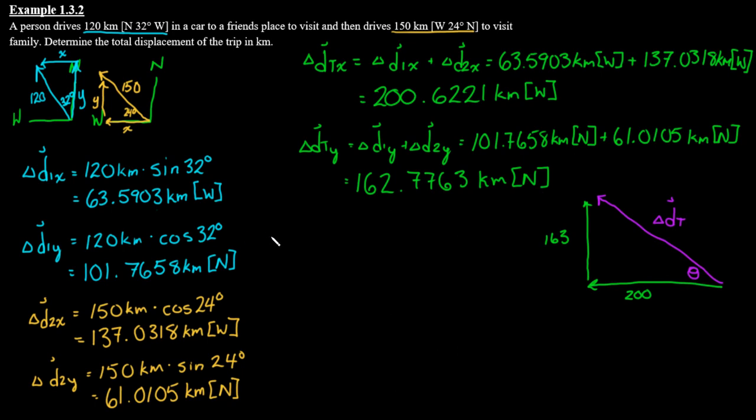So to get the magnitude of that total displacement vector, you're taking the square root of the magnitude of the total displacement in the x direction squared plus the magnitude of the total displacement in the y direction squared.